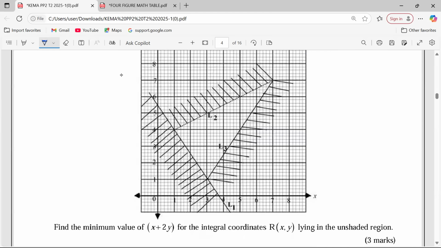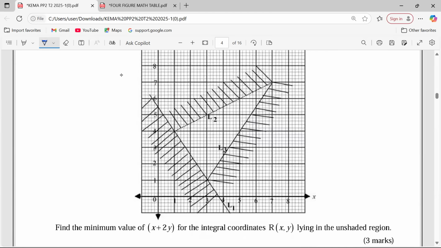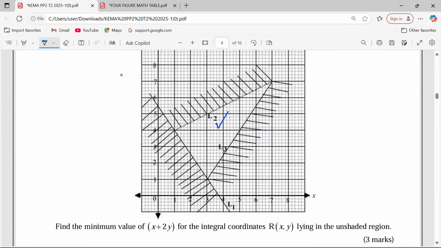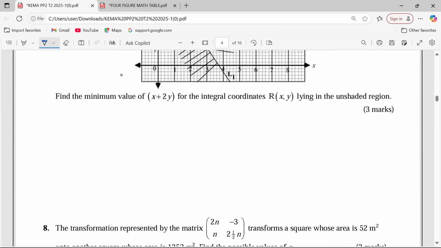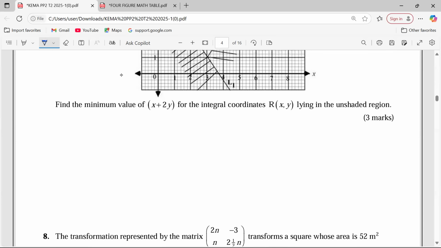So we have the inequalities already plotted. We can see the region they satisfy. Looking at the demand statement, we are instructed to find the minimum value of x plus 2y for the integral coordinates of R, x y, lying in the shaded region.